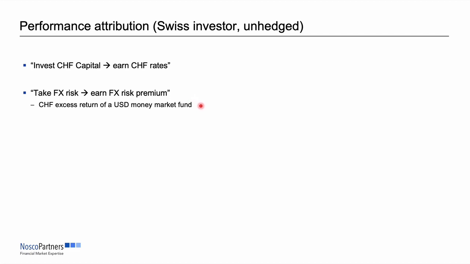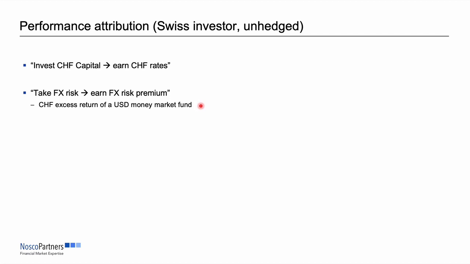Now, we could say, okay, what is the basic driver of this FX risk? That means how much return does pure US dollar FX risk generate? Now, to answer this, we could think about, okay, what is the minimum risk investment in the US dollar land? And this is, of course, a US dollar money market fund.